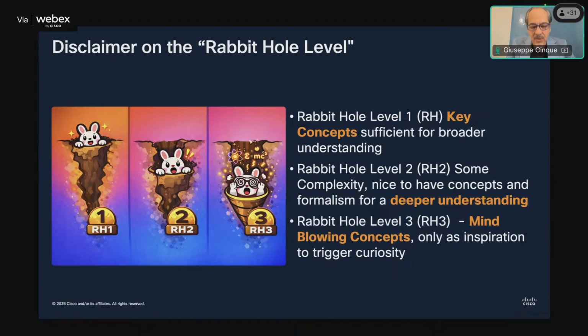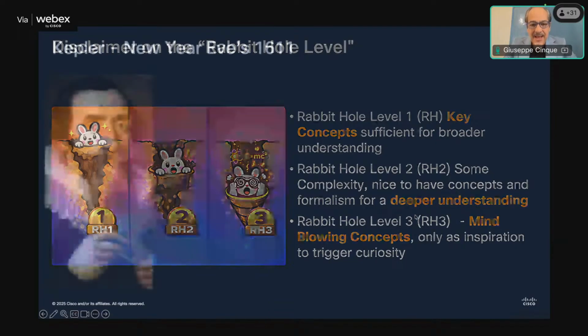Here and there, I may go to rabbit hole 2, where there are deeper concepts that can help a deeper understanding. And then there is rabbit hole 3, where there can be very mind-blowing concepts, but they are more for inspiration. And so we can go up and down on this level.